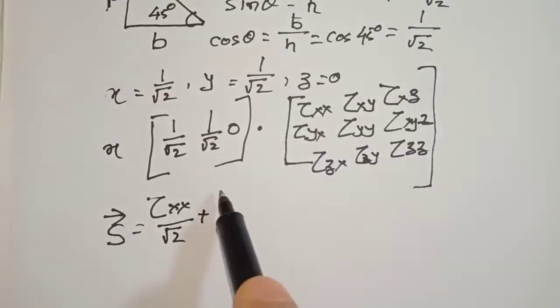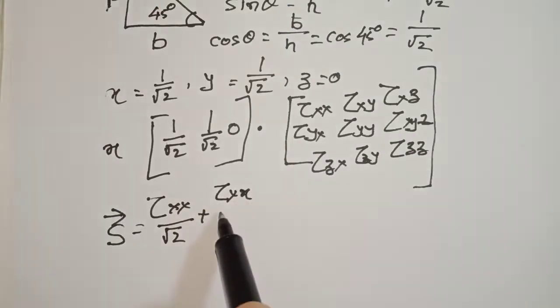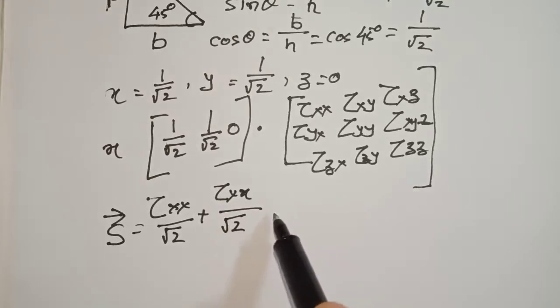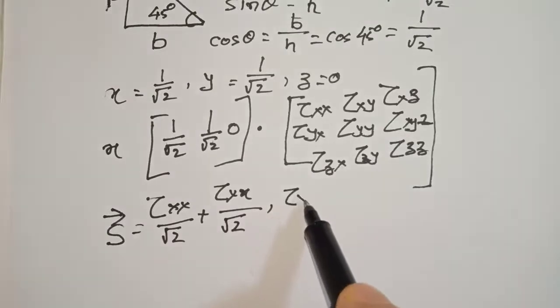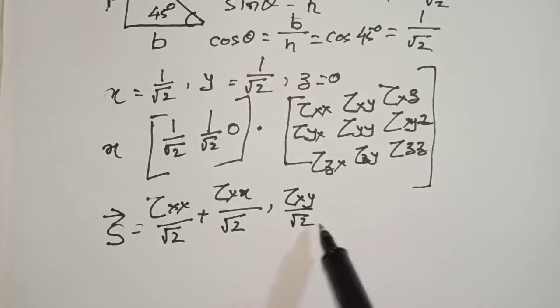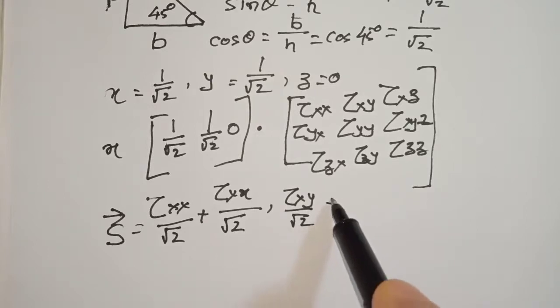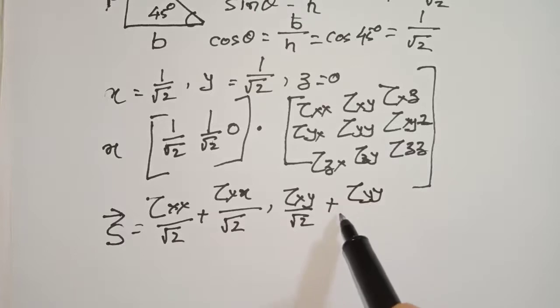Then tau yx multiplied by 1 would be tau yx by root 2, right? Then the next one, tau xy multiplied by 1 would be the same, by root 2. And then we add tau yy, which multiplied by 1 would be 1 divided by root 2.